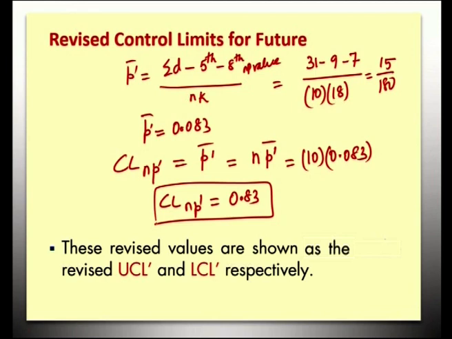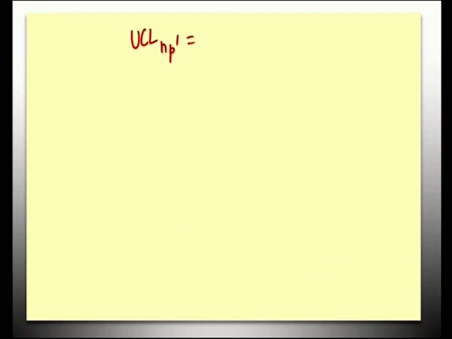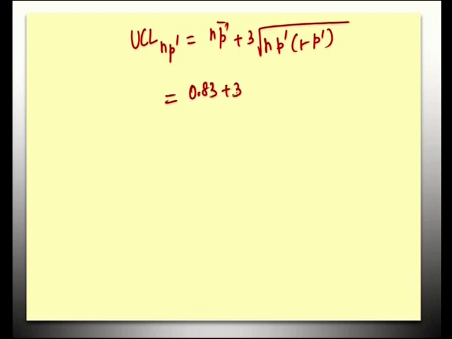Next, revised LCL and revised UCL will be calculated. So, UCL of NP dash is equal to n P bar dash plus 3 into root of n P dash into 1 minus P dash, which is equal to 0.83 plus 3 into root of 10 into 0.083 into 1 minus 0.083.